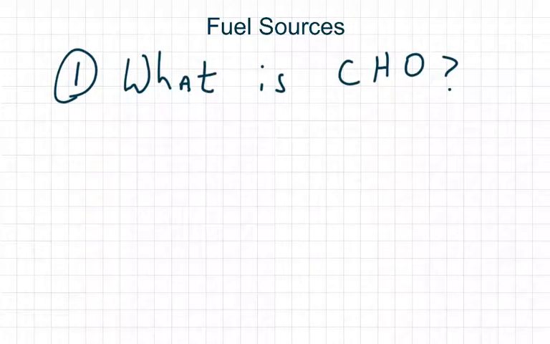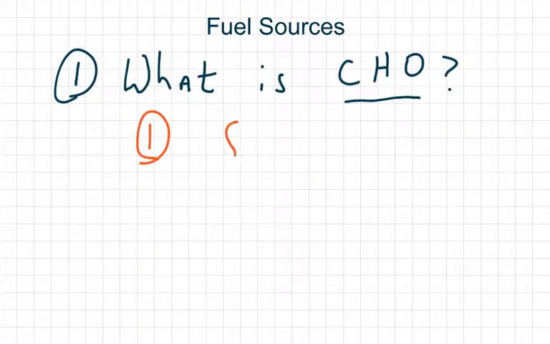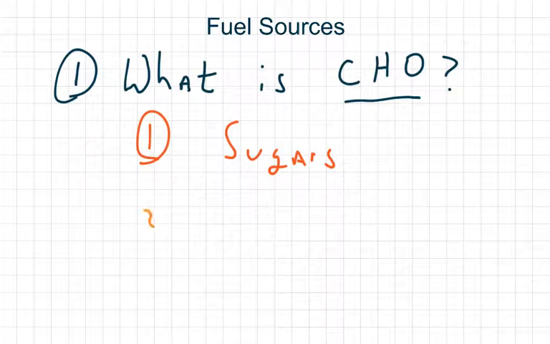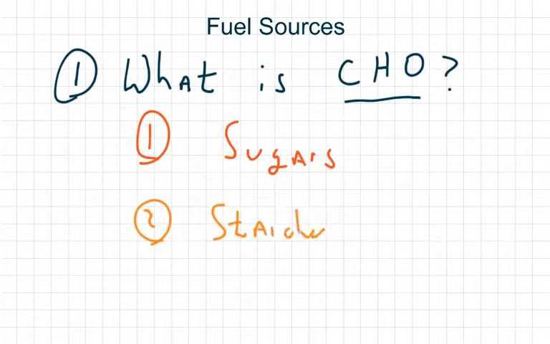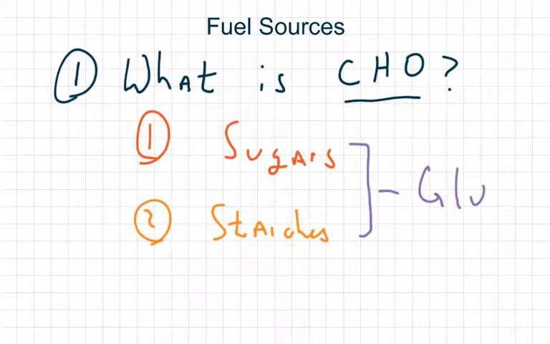So let's start off with the first one and answer, what is carbohydrates? And by definition, carbohydrates are sugars and starches that the body breaks down into glucose to be converted into ATP for energy utilization.